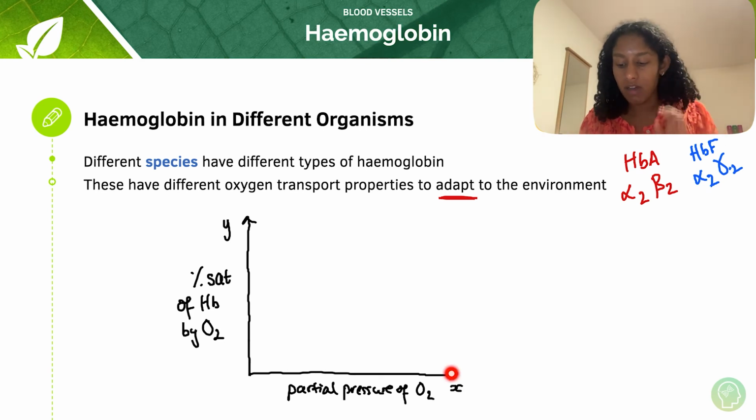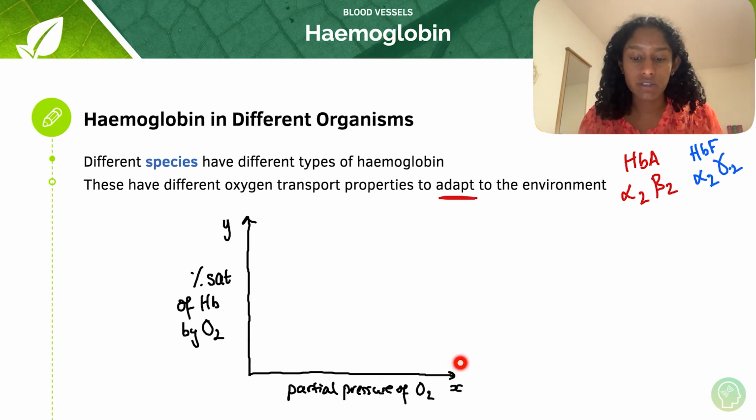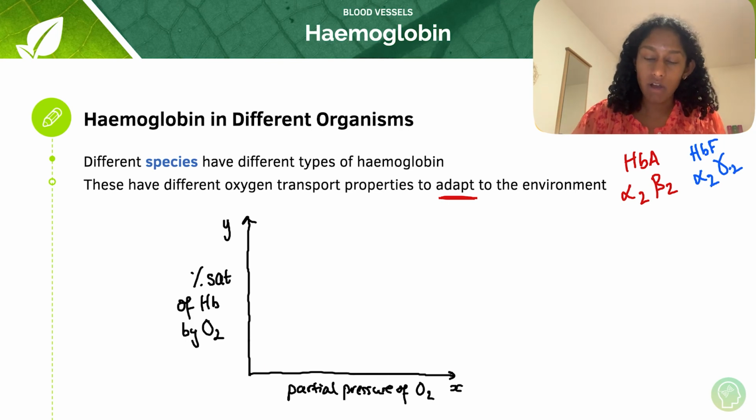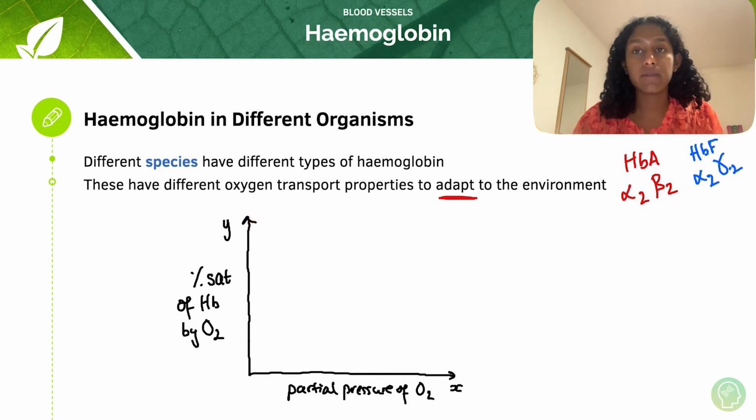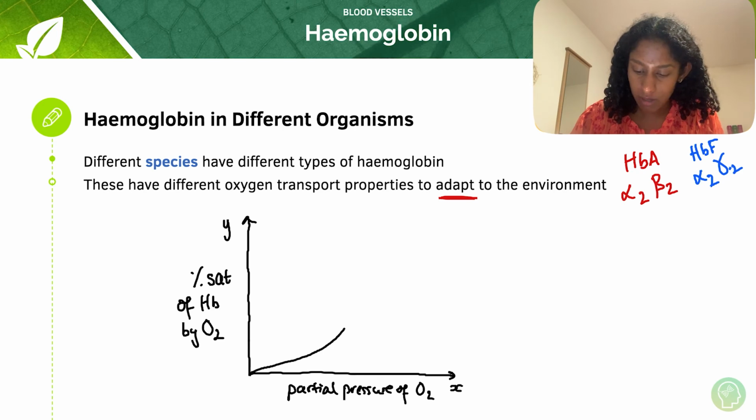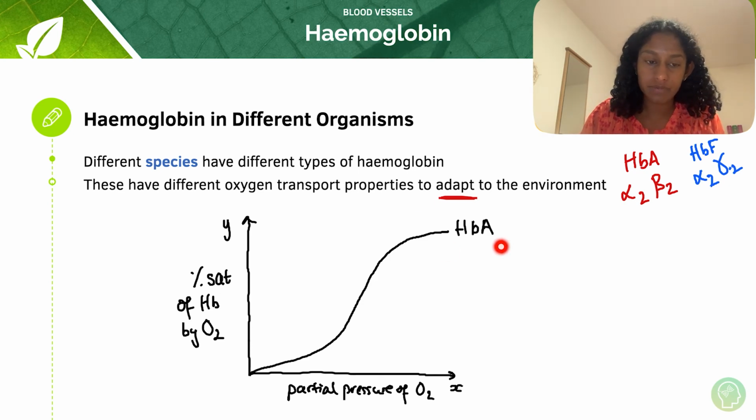So the higher up our x-axis we go, the higher the partial pressure of oxygen, and the higher up our y-axis we go, the higher the percentage saturation of haemoglobin by oxygen. So if I just draw a normal adult haemoglobin dissociation curve, let's label it as HbA now that you know that terminology. So that's our adult haemoglobin.